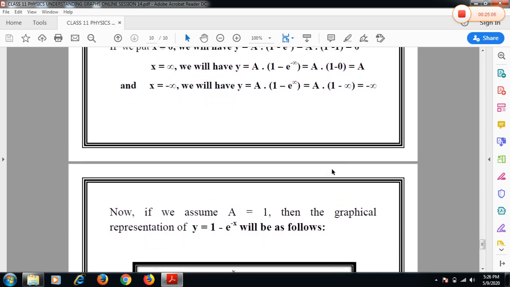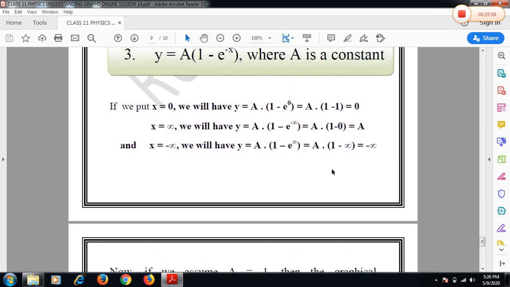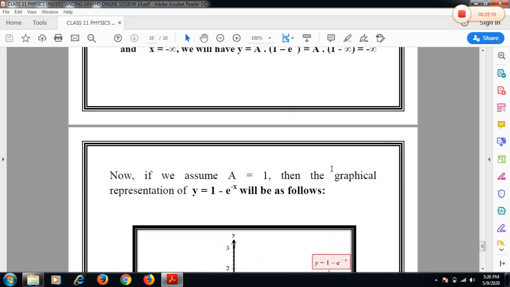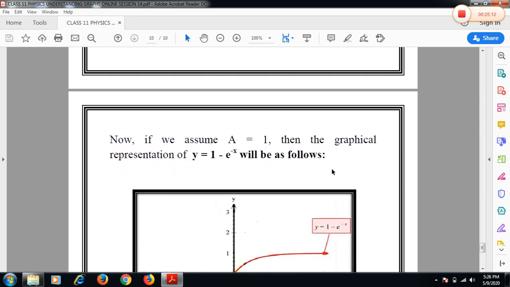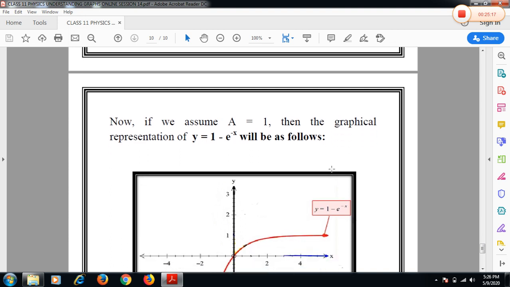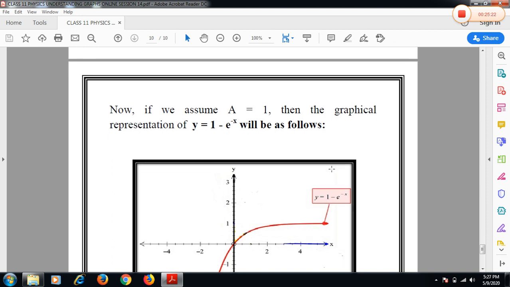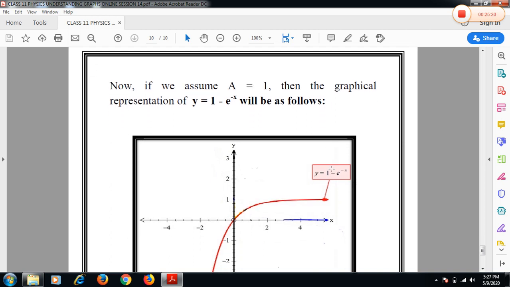Now, as in the previous case, we will put a equals 1. So y equals 1 minus e to the power minus x.